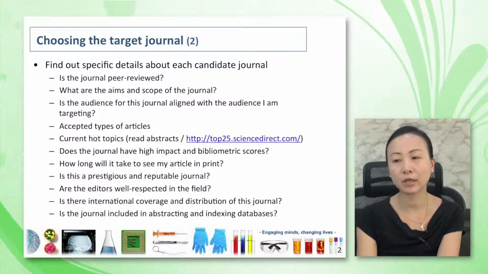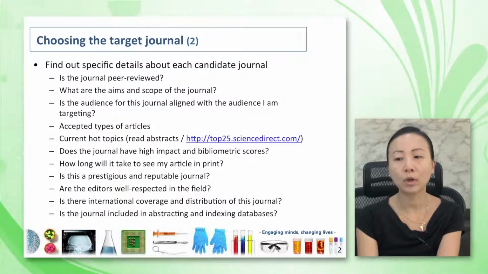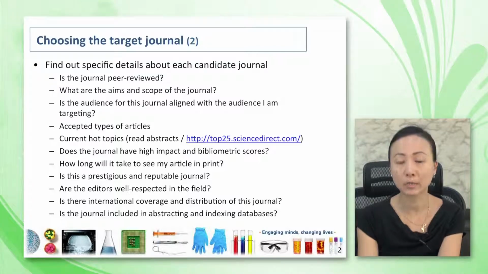This will have a direct impact on how many people would be able to access your article should it be accepted for publication. And a related question you should ask yourself is, what indexing and abstracting databases is the journal included in? This will have an impact on how many people would be able to search for your article once it is published.